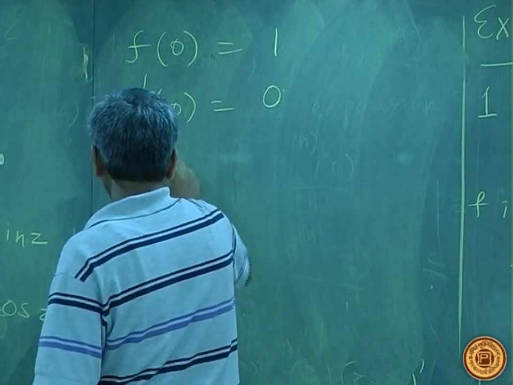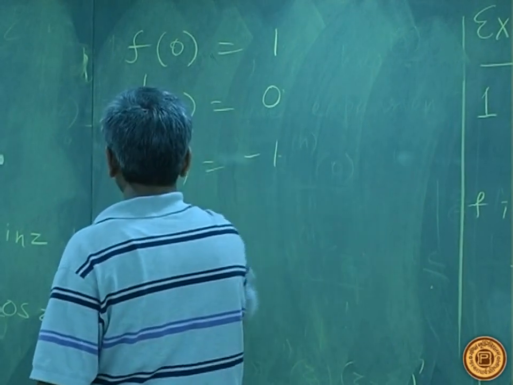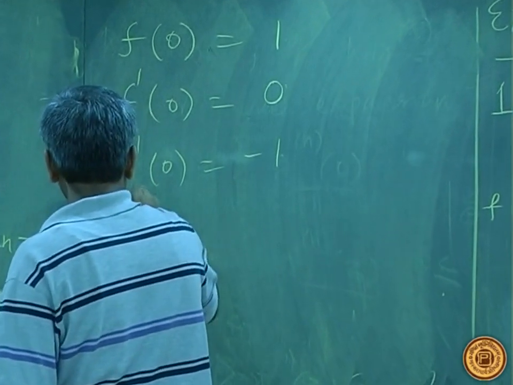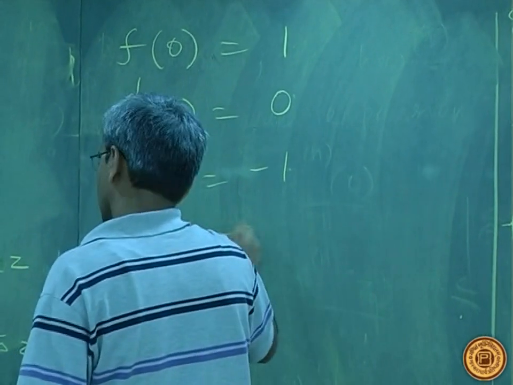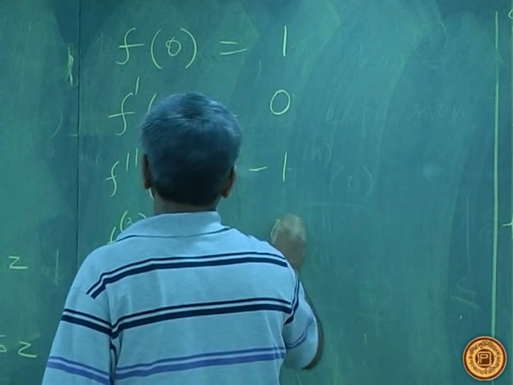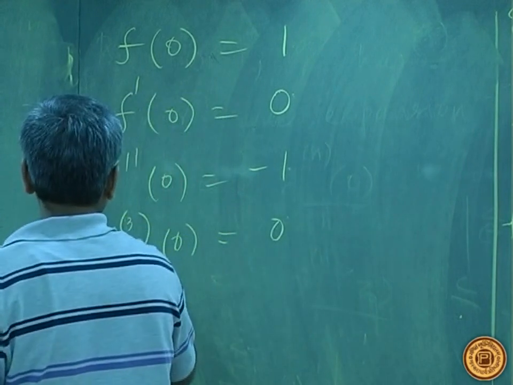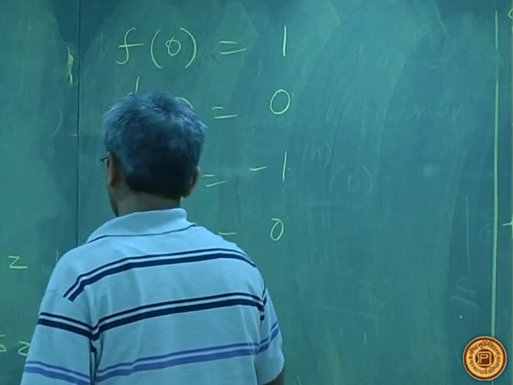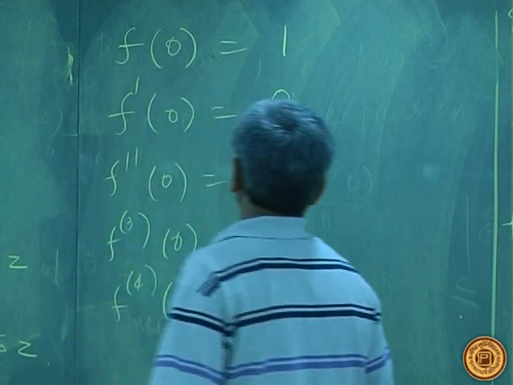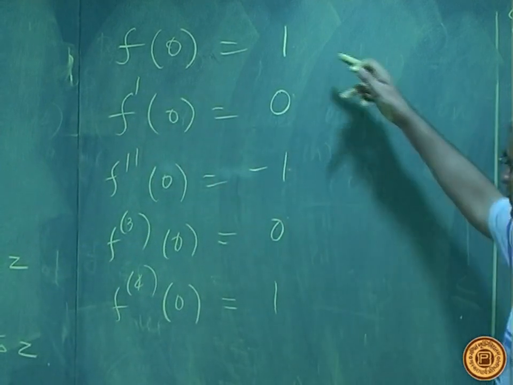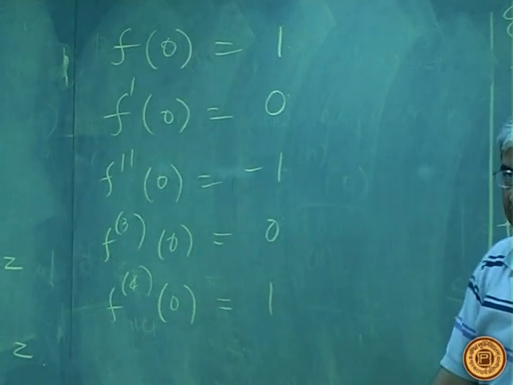F double dash 0 is minus 1, the third derivative is 0, and the fourth derivative is 1. Then this sequence repeats: 1, 0, minus 1, 0, and so on.